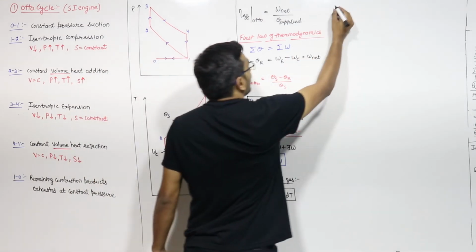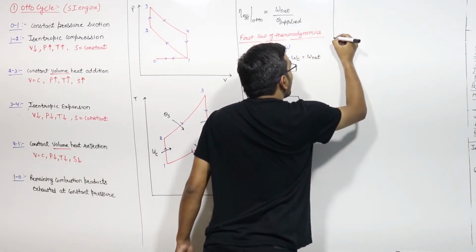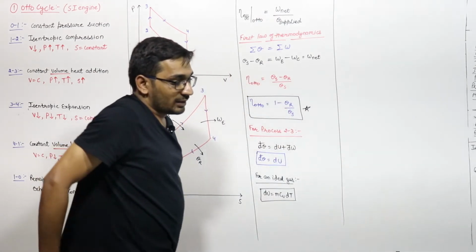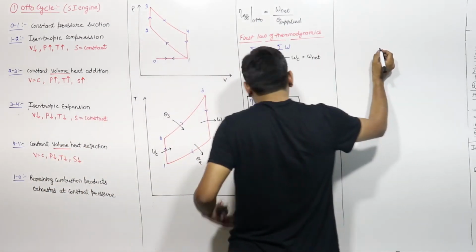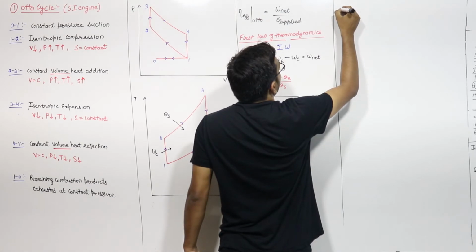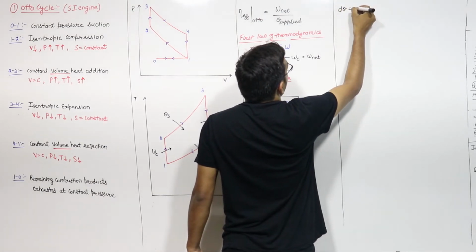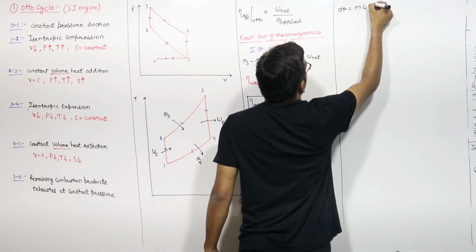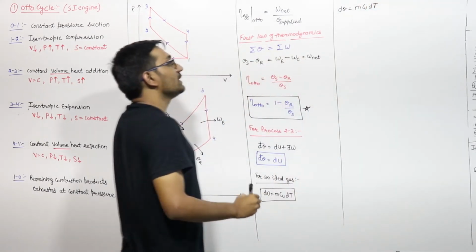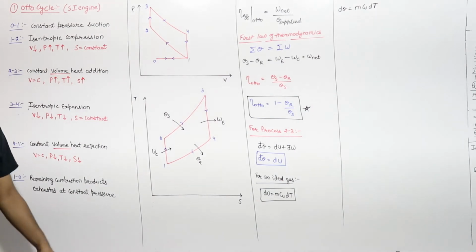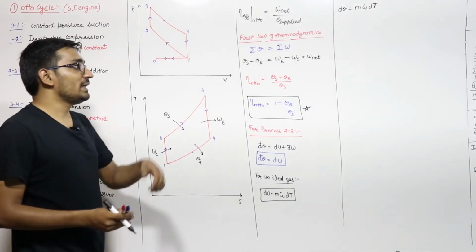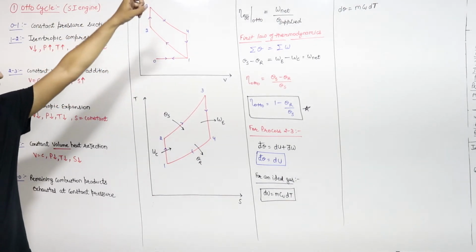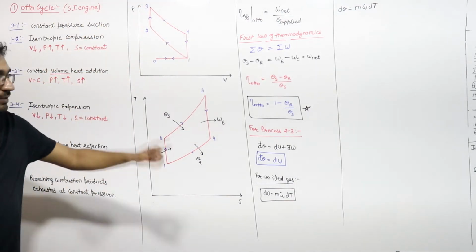So from here, if I use this equation, I can write that dQ is equal to mCv dT. You know that this formula, dQ is equal to mCv dT, you can use for two conditions.